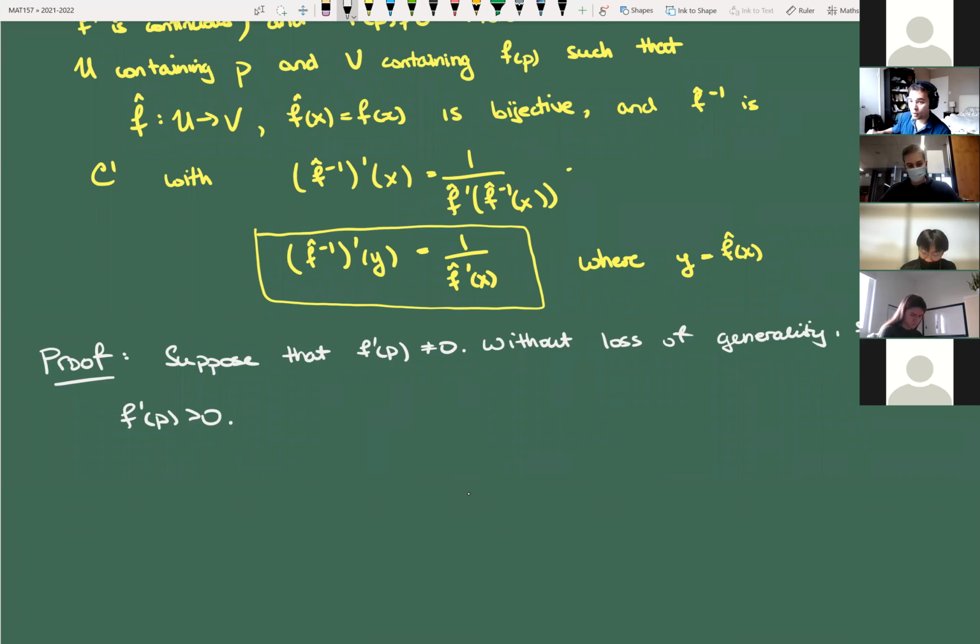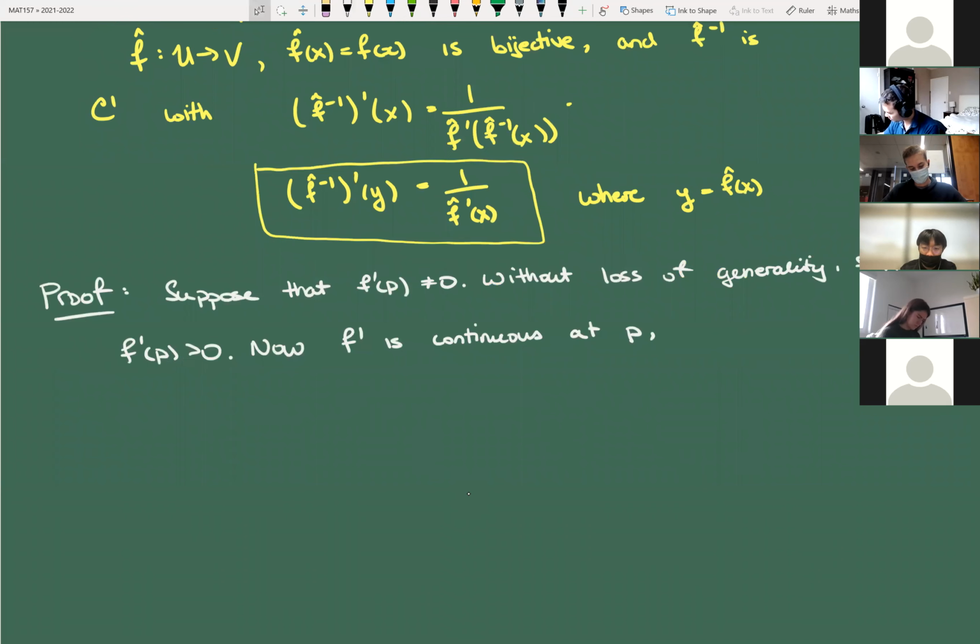So f prime of p is positive, but f prime is also continuous at p. And so what did we learn, right? Don't worry about the fact that it's f prime. We learned previously, I think it was one of the bonus questions in one of the assignments, that if you have a continuous function which is positive at a single point, then it is in fact positive on an entire interval, right?